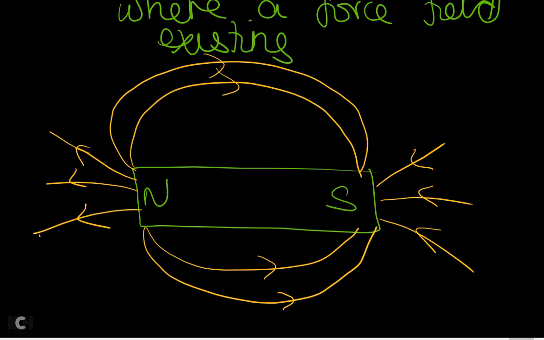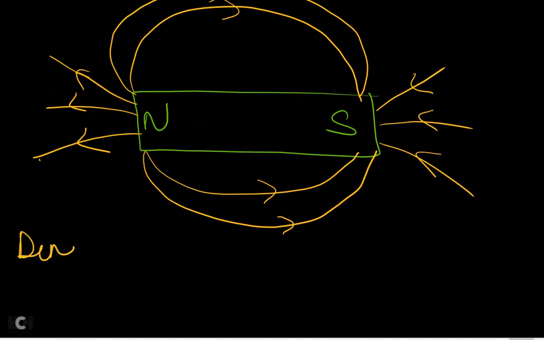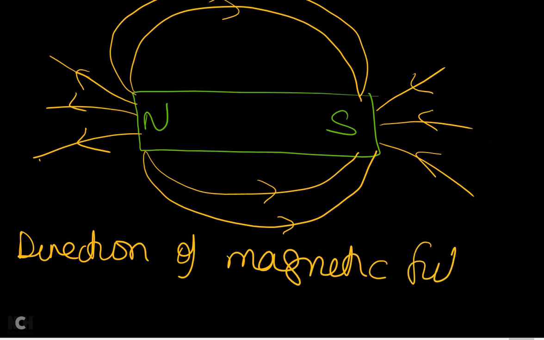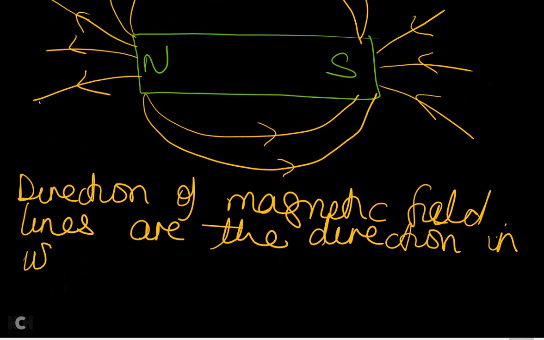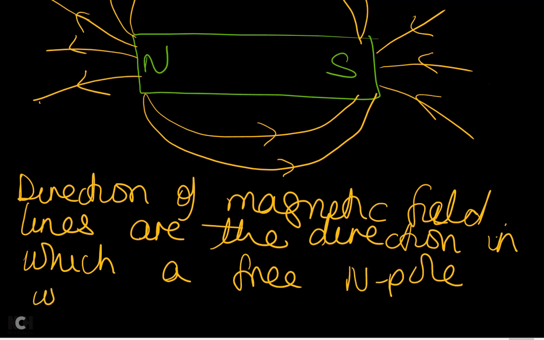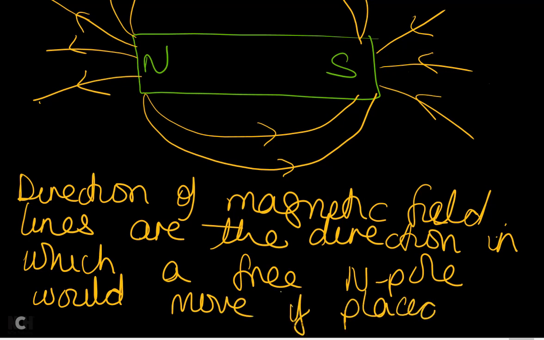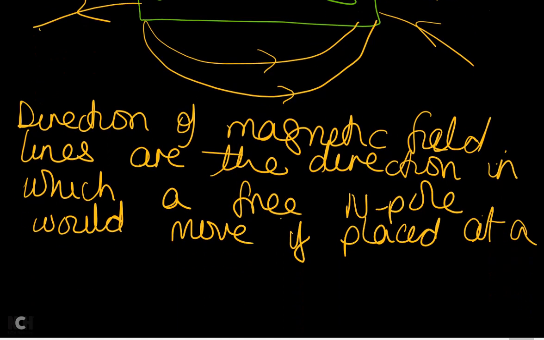So you're probably saying, okay, so how is it that that direction had come to be? Well, we define the direction of magnetic field lines as the direction in which a free north pole would move if placed at a point in the field.